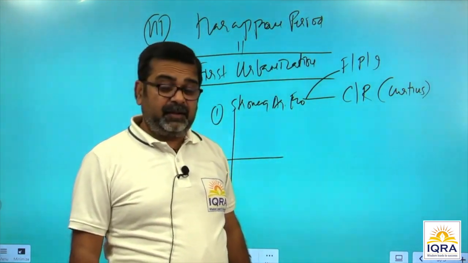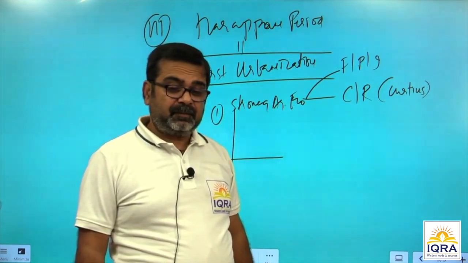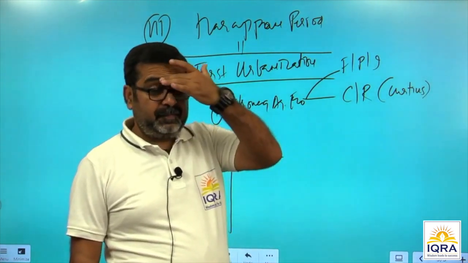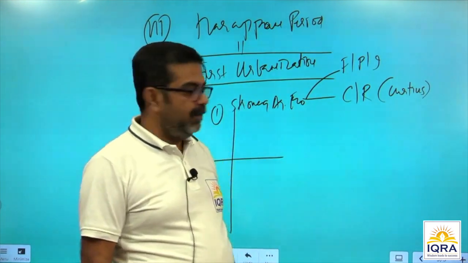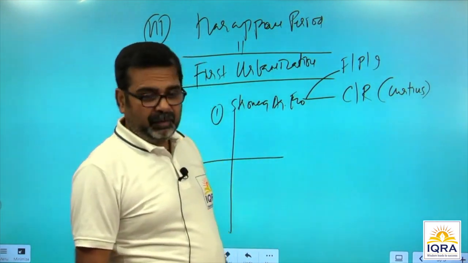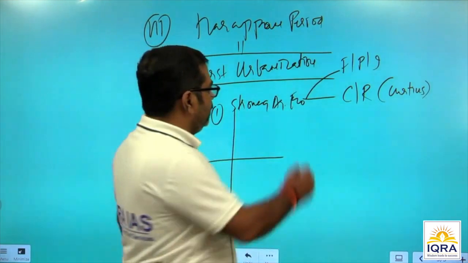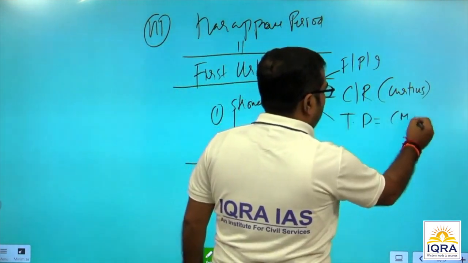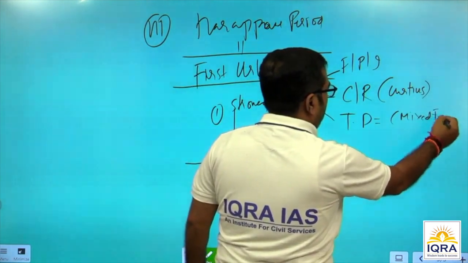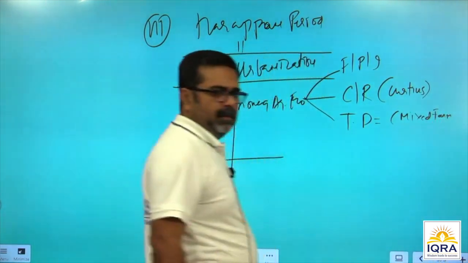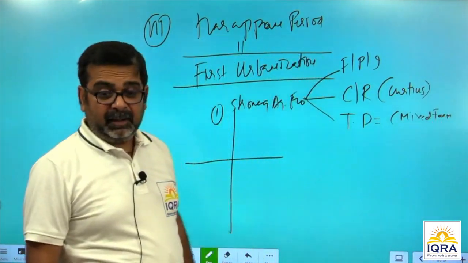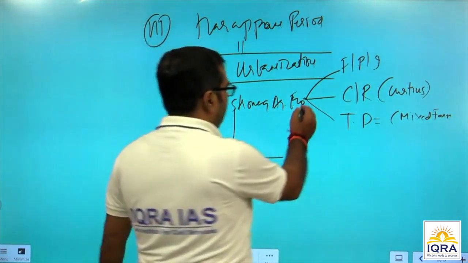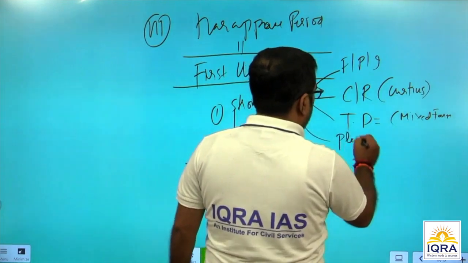And that would have led to what? A good rainfall. So, technological development, mixed farming, which is evident from Kalibangan. Ploughing, evident from Kalibangan.